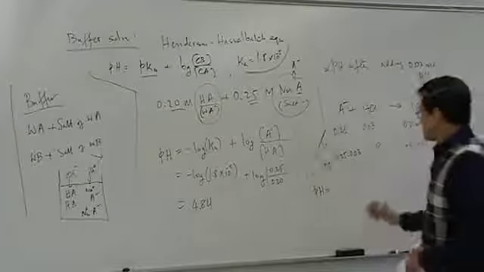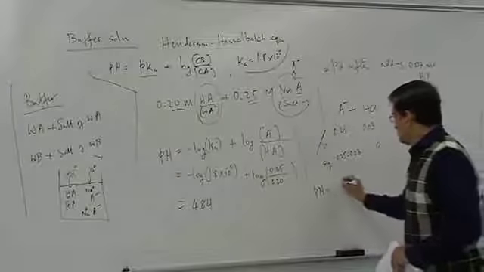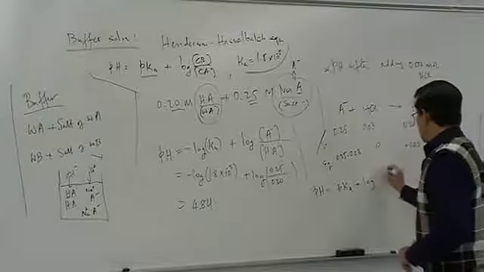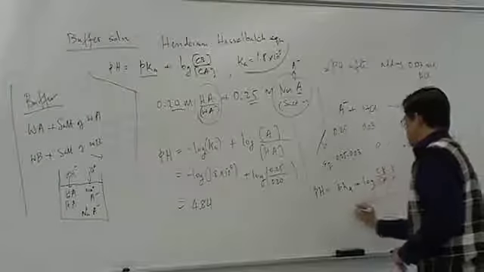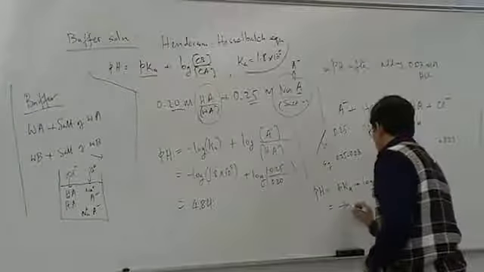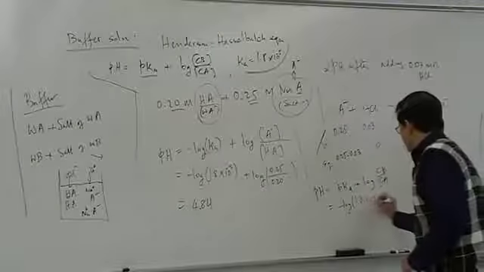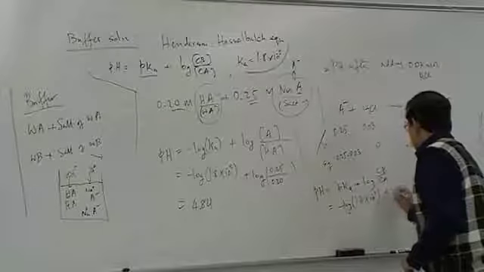Again, I'm going to use the same expression: pKa plus log of conjugate base over conjugate acid. So this is minus log of 1.8 times 10 to the negative 5, just like before, plus log.